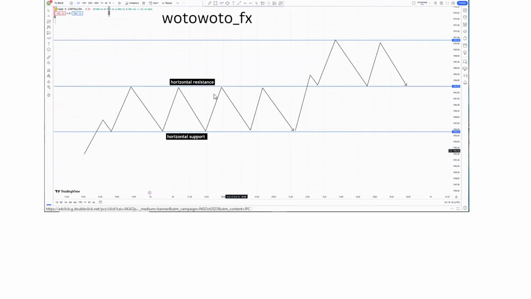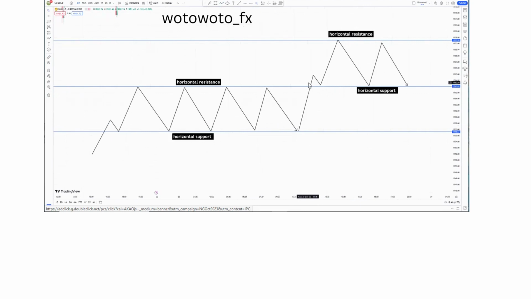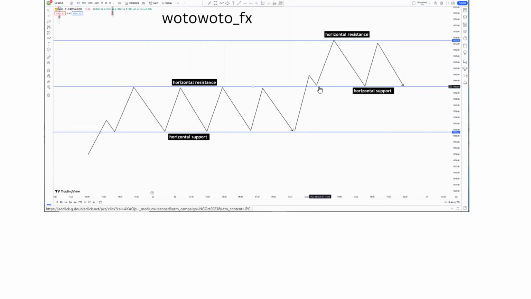So now, remember, after breaking this resistance level, it comes back and it will no longer test here.